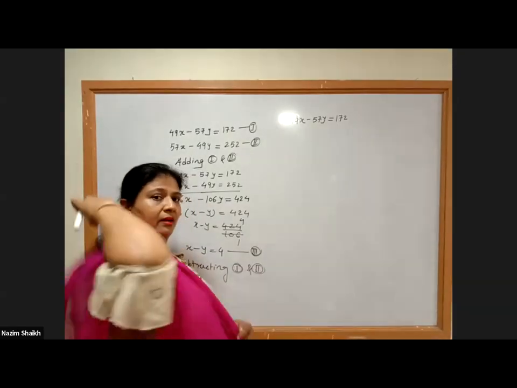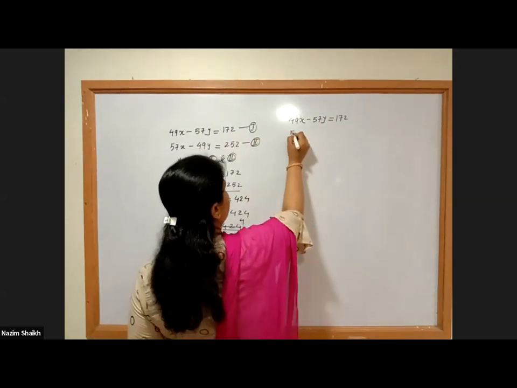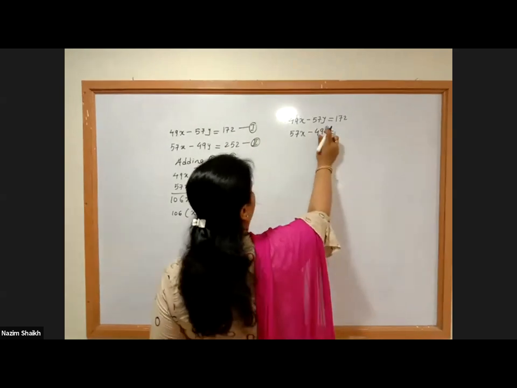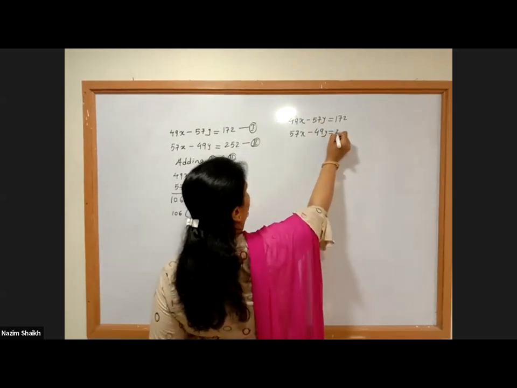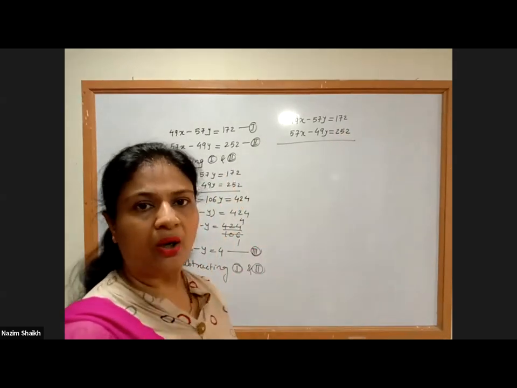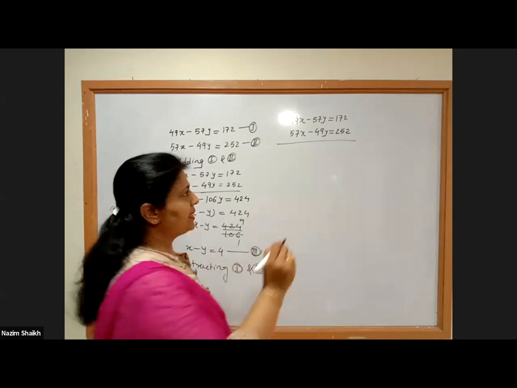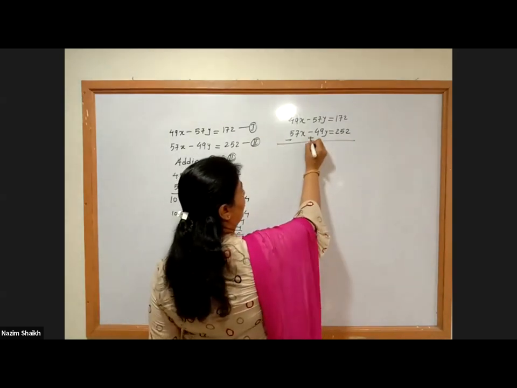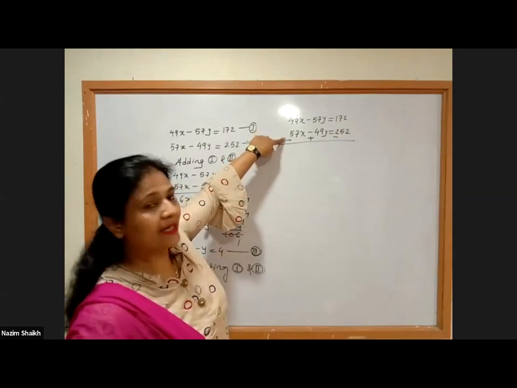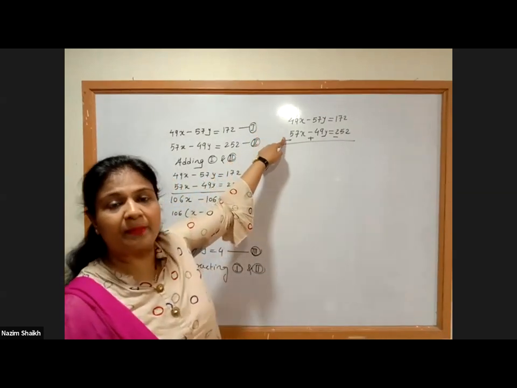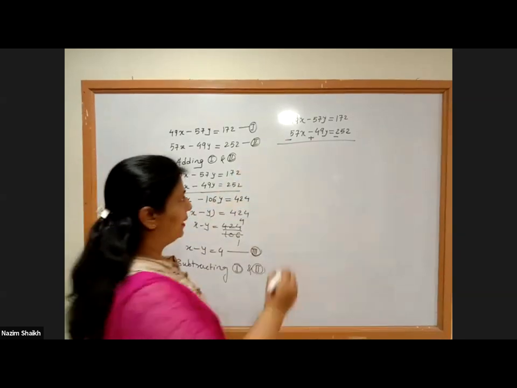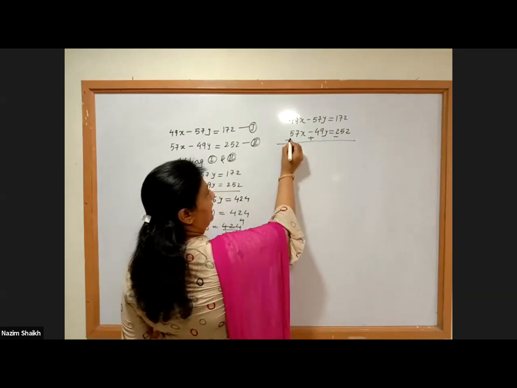And 57x minus 49y equals to 252. यहाँ mistakes कर सकते काफी सारे बच्चे. Okay, I know that. Change the sign. Minus, plus, minus. Now read 49 and minus 57. They will be subtracted. Yes. So how much will be the answer? 8. And the answer sign will be minus.